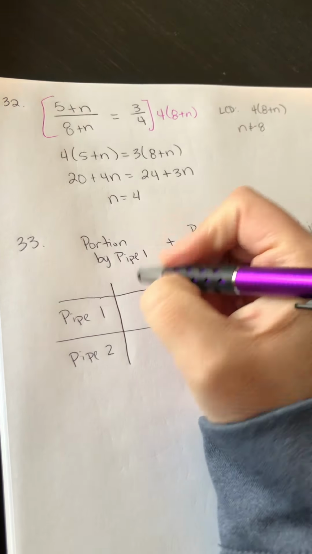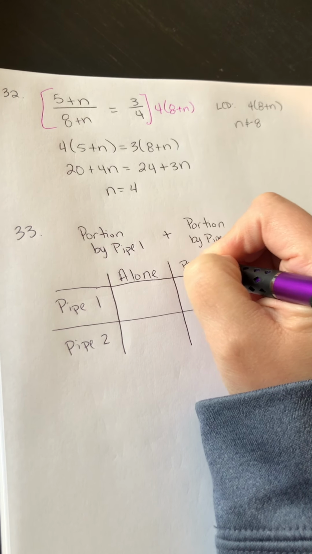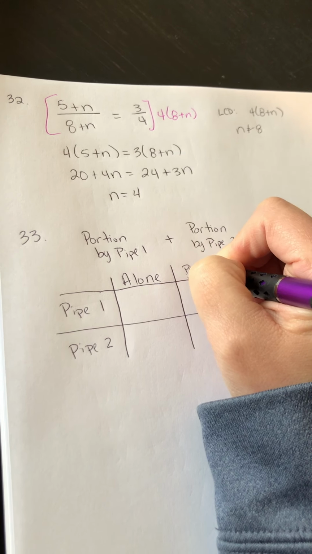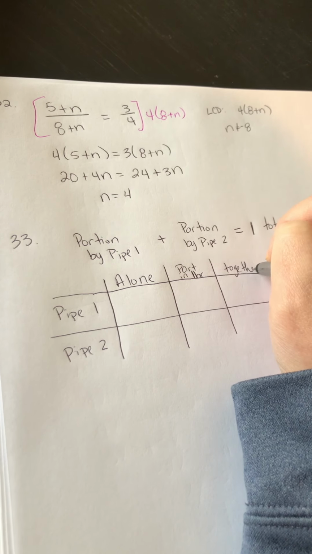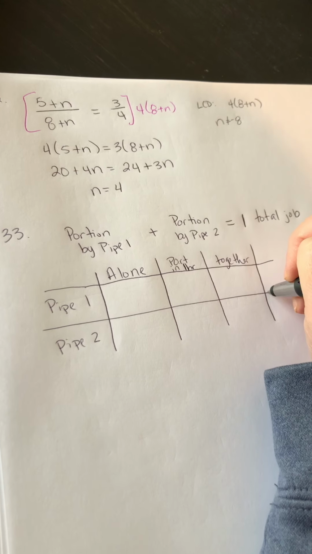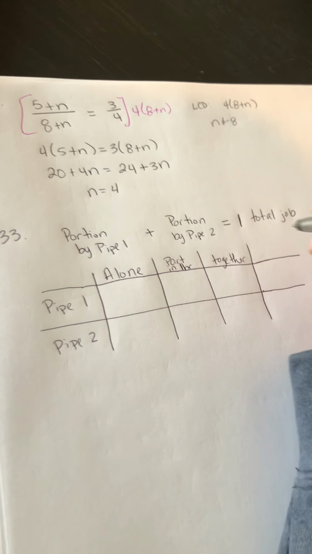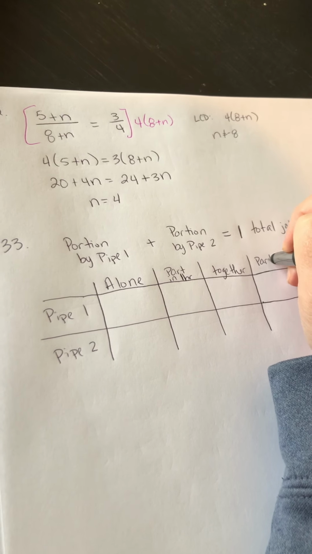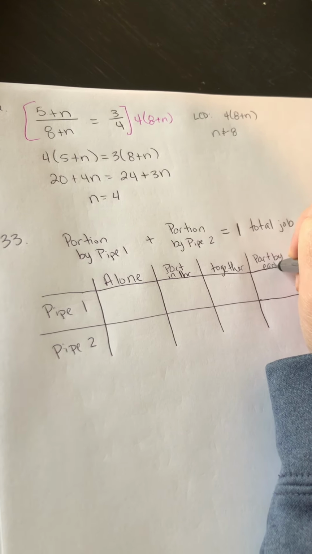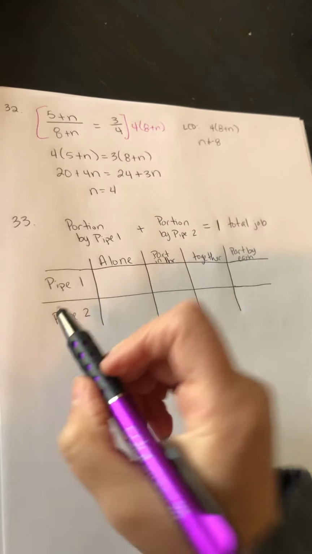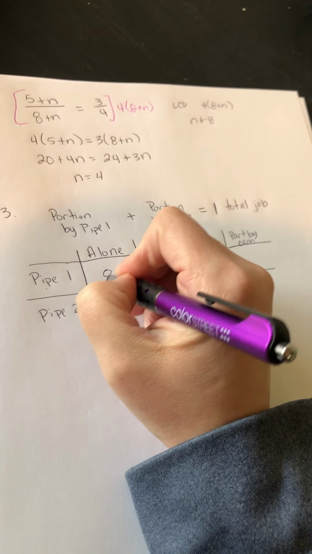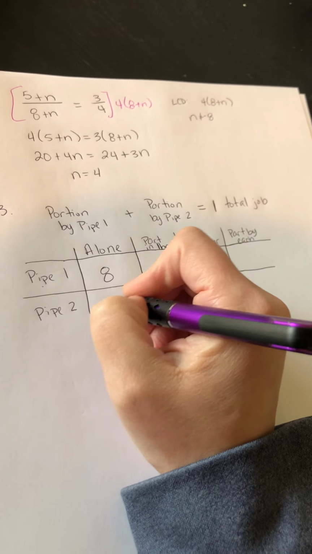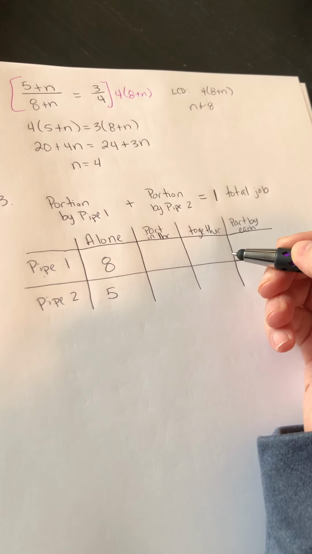What you want is how long it takes each alone, the part they can do in 1 hour, the time it takes together, which is your variable since that's what we're looking for, and the part done by each in terms of that variable. Pump 1 alone takes 8 hours, pump 2 takes 5 hours.